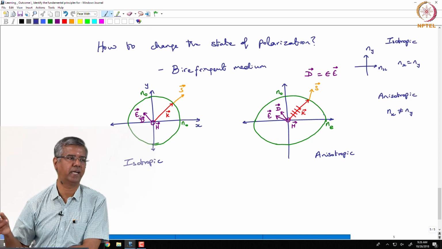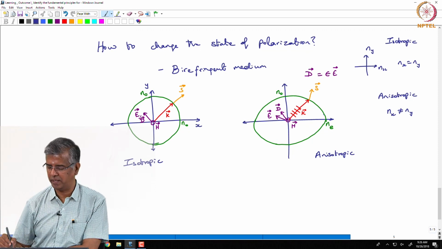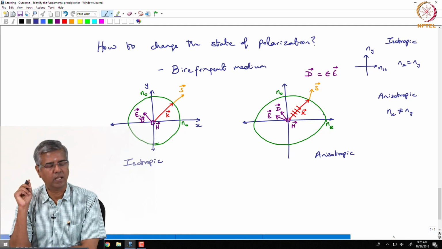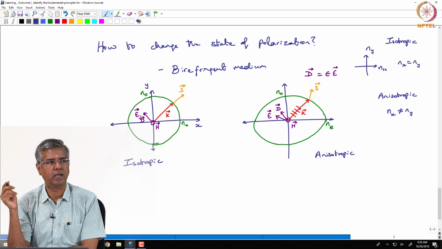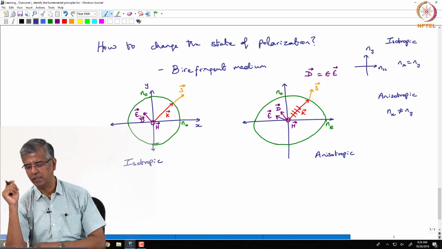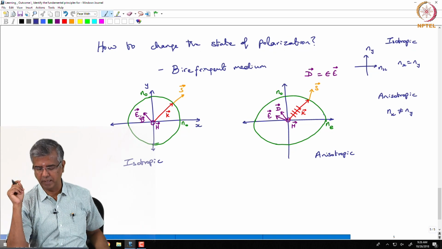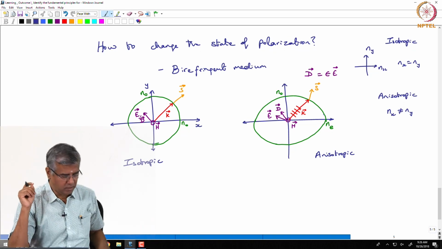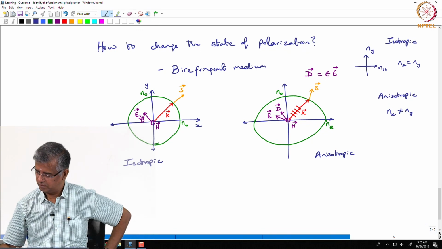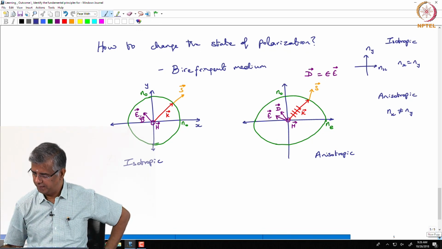If you are going along the axis, either the major axis or the minor axis, then you can say that both k and s are oriented along the same direction. But if it is going at some other angle, k and s need not be the same, okay, and that is giving rise to some interesting effects, okay, which is not so intuitive.